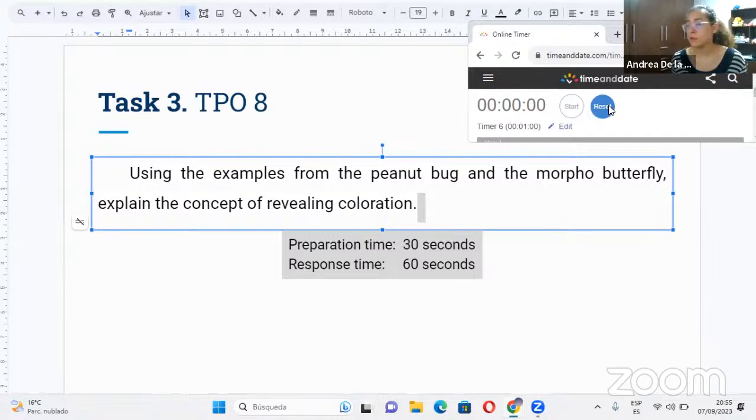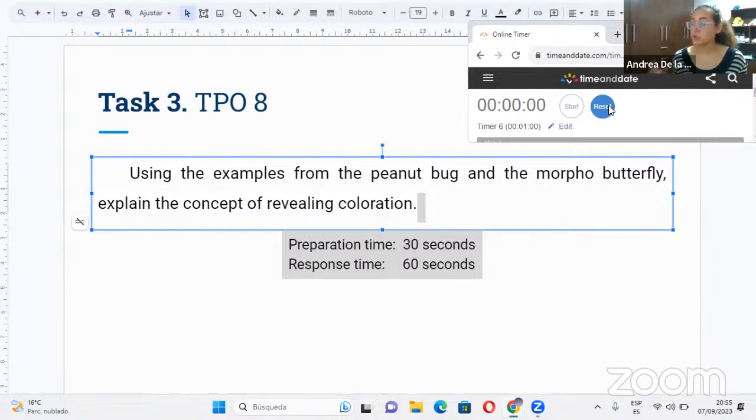So the professor gives the example of the peanut bugs, the morpho butterflies. And that way you won't struggle with the pronouns, because sometimes it gets hard to know what pronoun to use, right? Technically it will have to be it, but since we're not so used to that structure, sometimes it's hard and we get confused. So really good tip to talk about animals and plants in the plural form, to use they, them as pronouns.